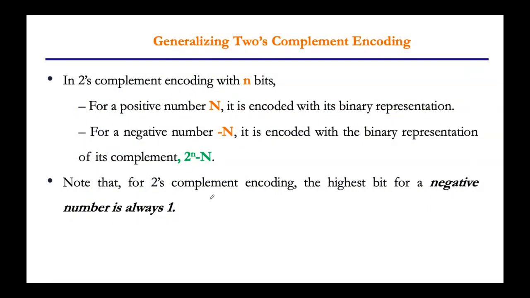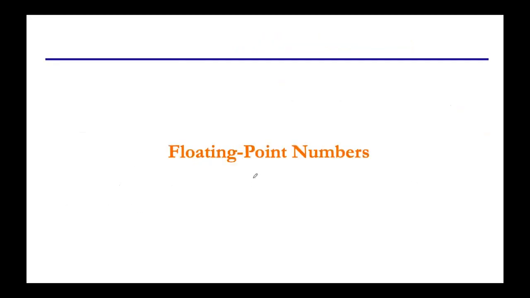So note, for 2's complement encoding, the highest bit for a negative number is always 1. The highest bit is always 1. So this is the generalized 2's complement.